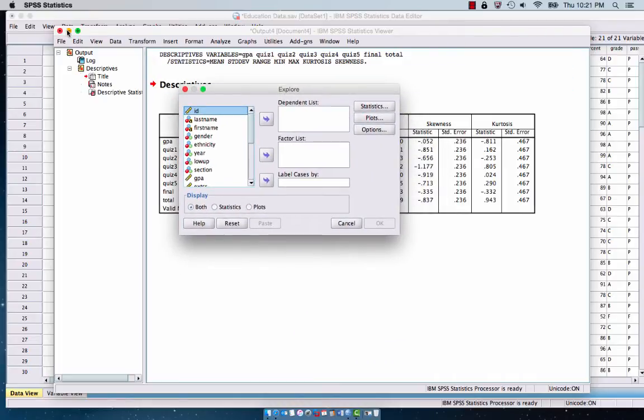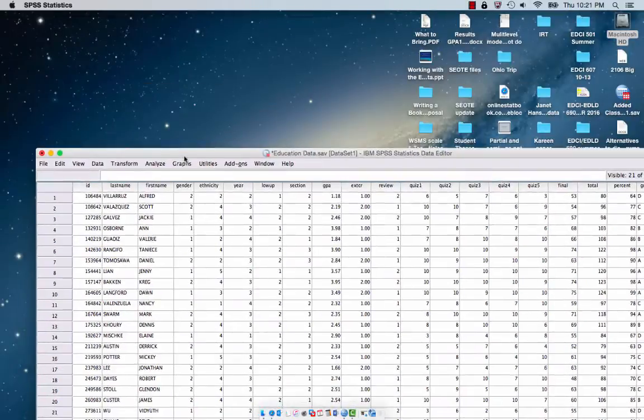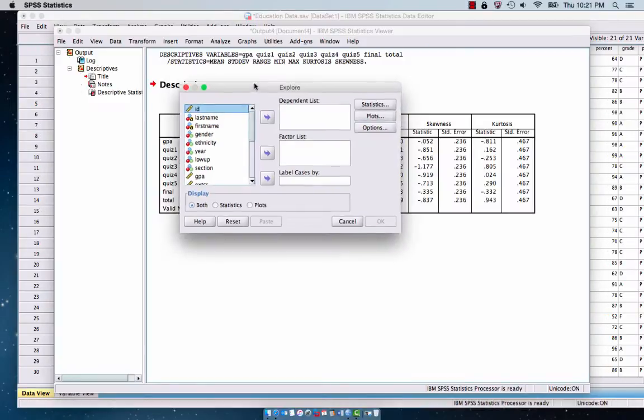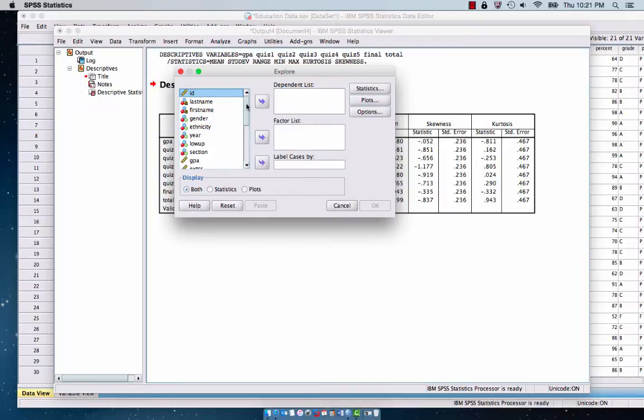And in this case, let's say we want to look at the descriptive statistics, or the mean and the standard deviation and the skewness and kurtosis for total. So we put total in the dependent list, and our factor list would be our grouping list. So let's look at total scores by males and females.